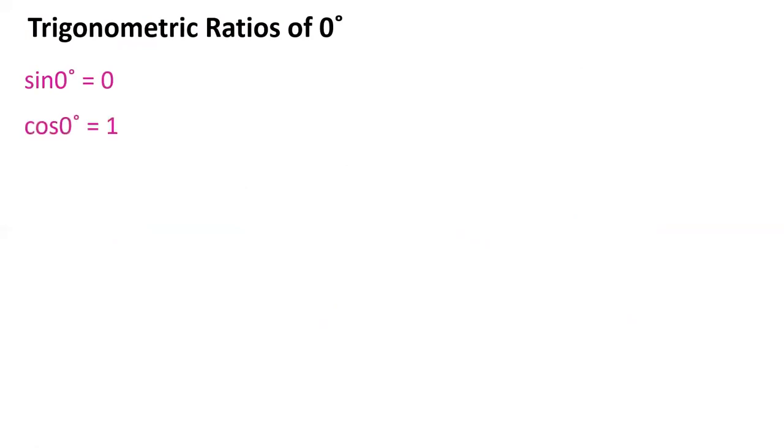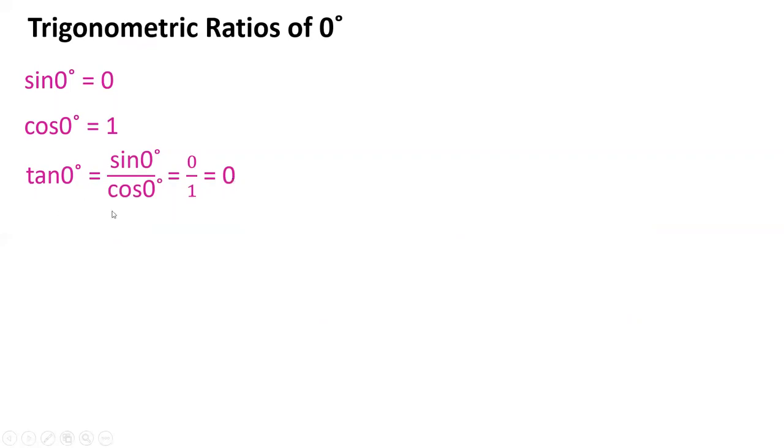Just see this one. Trigonometric ratios for 0 degree. Sine 0 degree, you know it, 0. Cos 0 degree is 1. Tan 0 degree, which is equal to what? Sine 0 degree by cos 0 degree. And you know the value of sine 0 is 0 and cos 0 degree is 1. 0 by 1, which is 0.